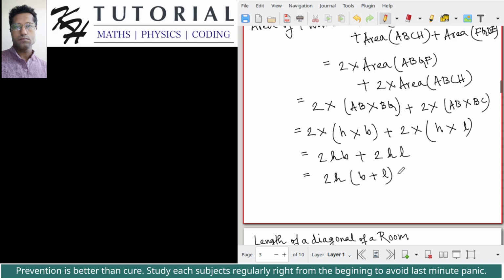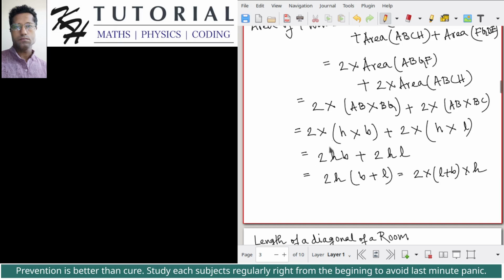So as you can see, this is equal to 2 into (l plus b) multiplied by h, where small l is the length of the room, small b is the breadth of the room, and small h is the height of the room.